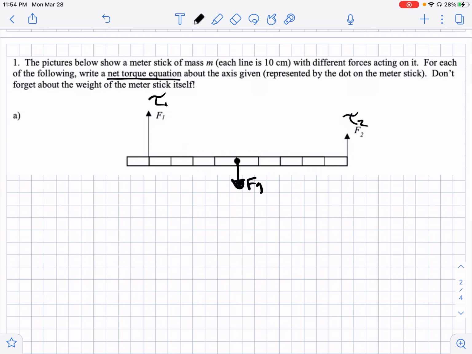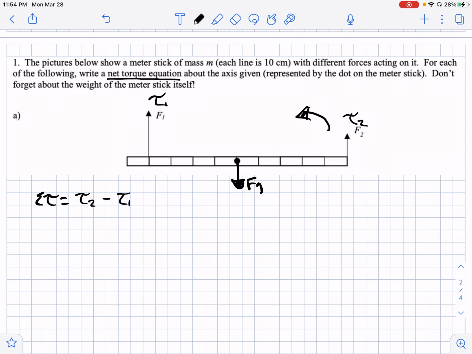And let's go ahead and make our net torque equation. My net torque equation is going to be the torque caused from this force, F2. It's causing it to rotate counterclockwise, so it's going to be positive. So I'll write that one first. So torque 2 minus the torque caused from F1.